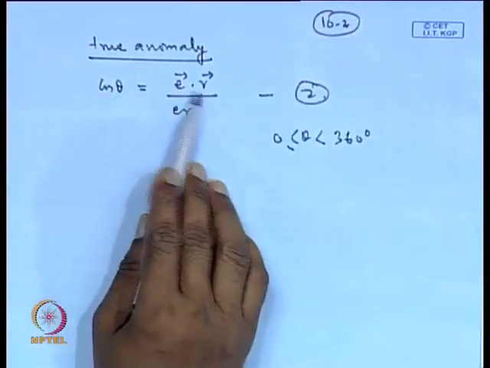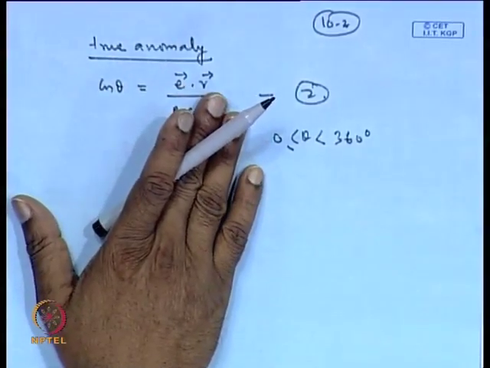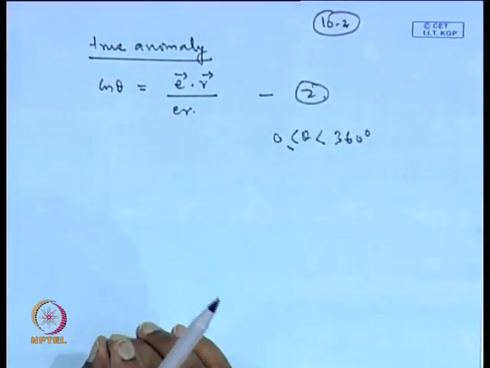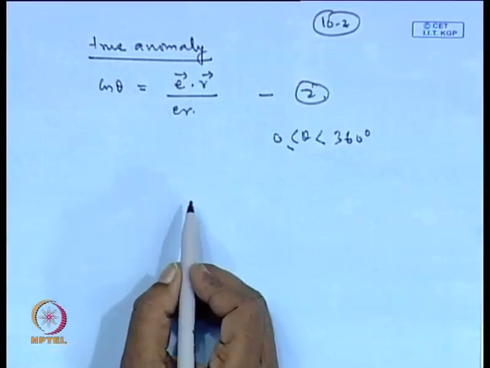If the angle between E and r is greater than 180 degrees, then the quadrant resolution must be done as we did for omega, with the dot product n dot E or cos omega. In the same way we have to follow here.